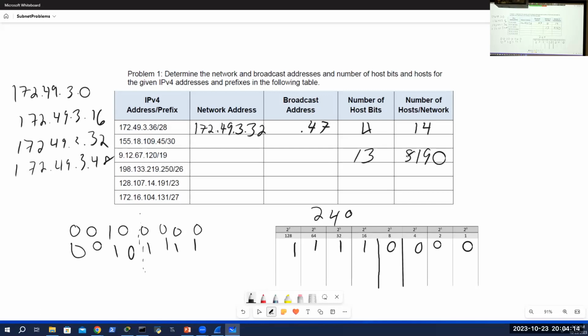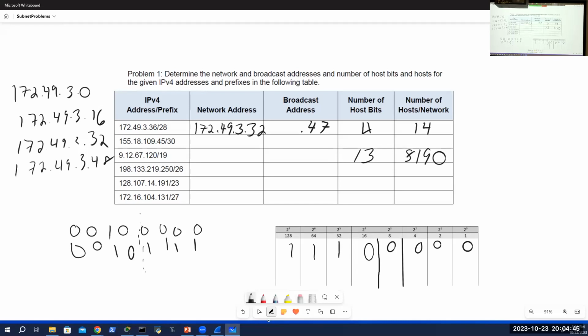We have 13 host bits. We know our subnet mask is going to be 255.255, and then the third octet is where the subnetting occurs. So 255.255, and then 128, 64, 32, which is 224.